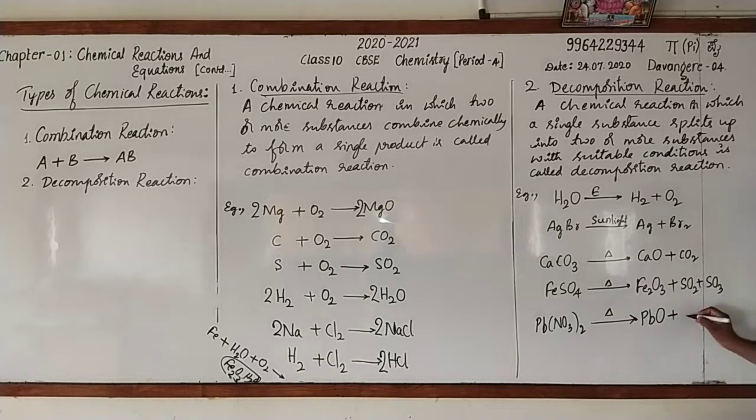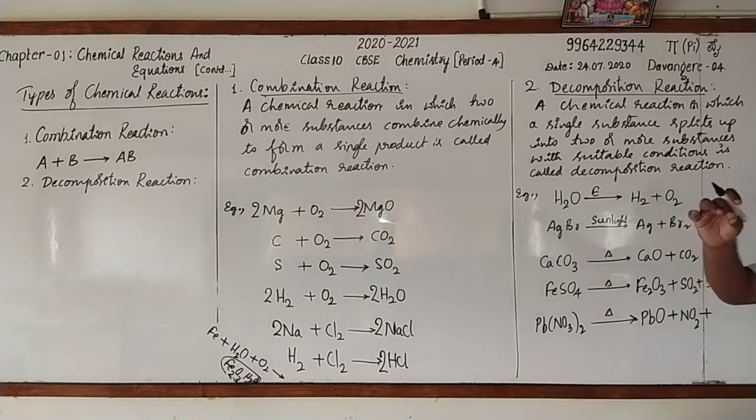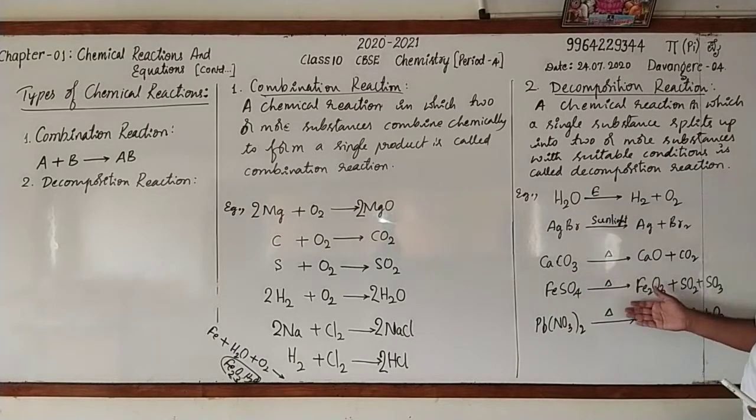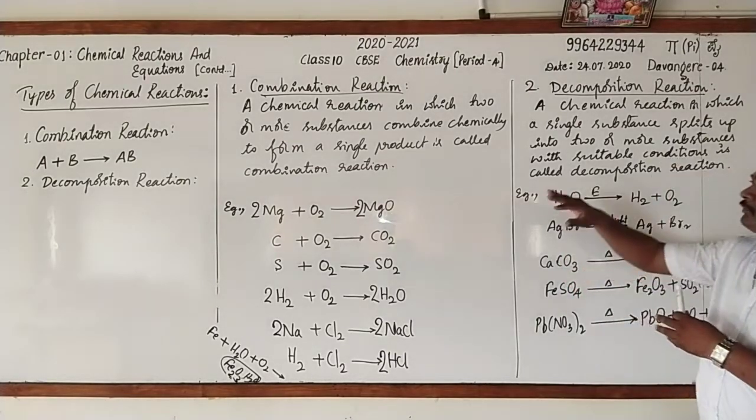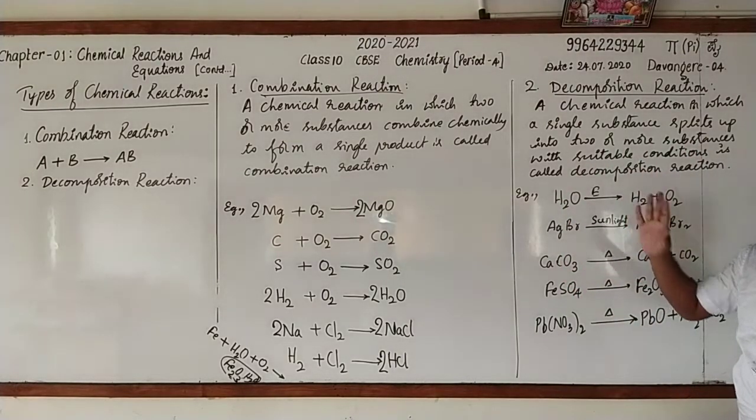Then brown fumes will start coming out, that is nitrogen dioxide. Then when you put a lighted incense stick in that, it starts burning brightly. It is because of the presence of oxygen. So we have separate videos for all this. Let me show you after explaining all the types of chemical reactions.